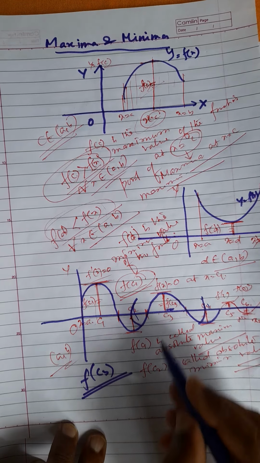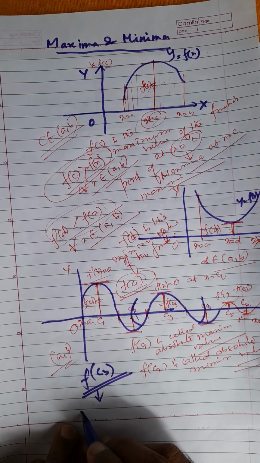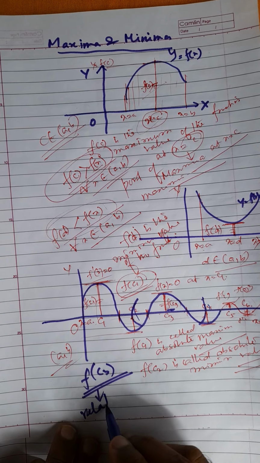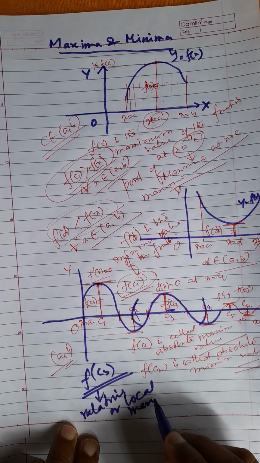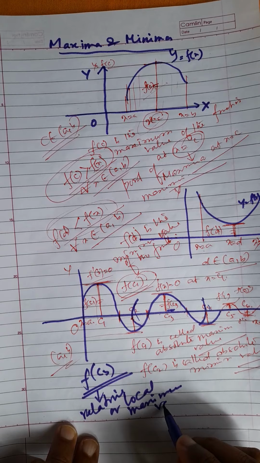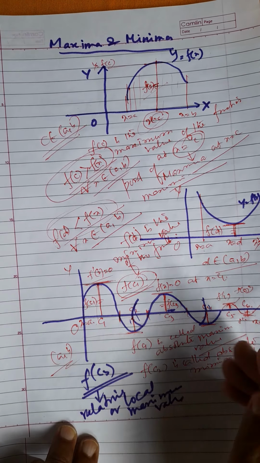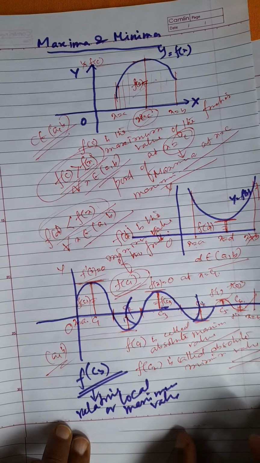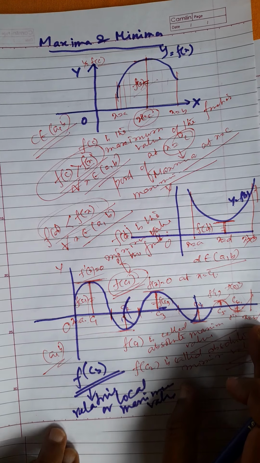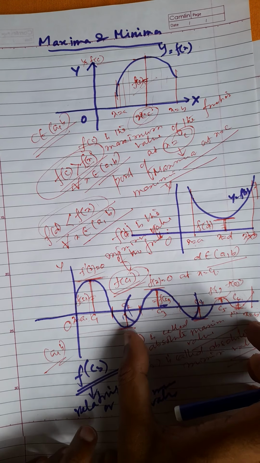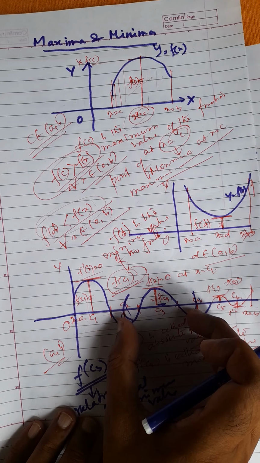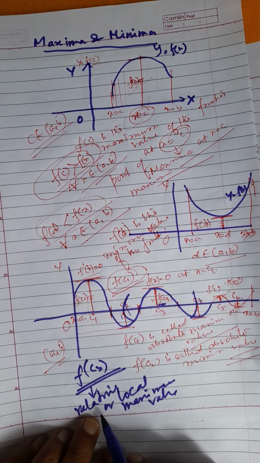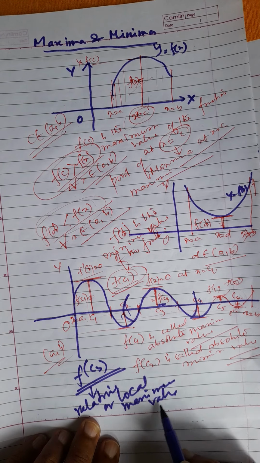This is the maximum, and that is called the relative or local maximum value. This part is taken within the interval a comma b, and this is called a relative or local maximum.